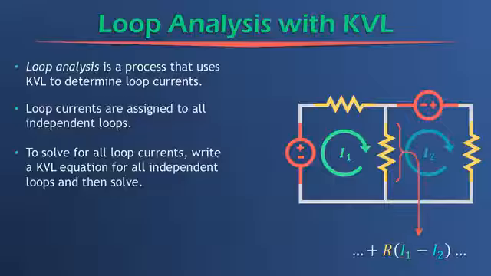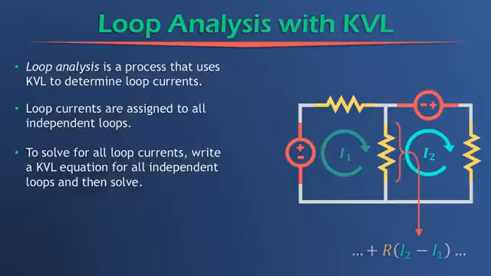So what is the voltage across this resistor? Well, it's the resistance value R times I1, which is in the positive direction, because we're going in the positive direction of I1, minus I2, because I2 is going in the opposite direction of I1. So R times (I1 minus I2) is the voltage across this resistor.